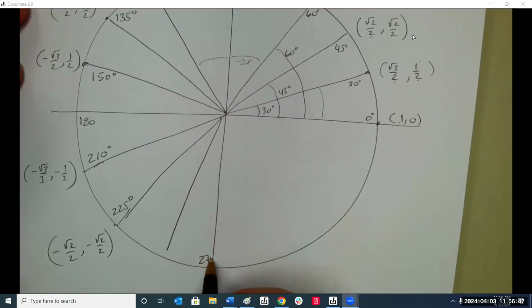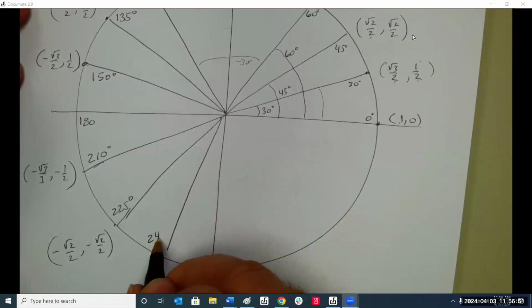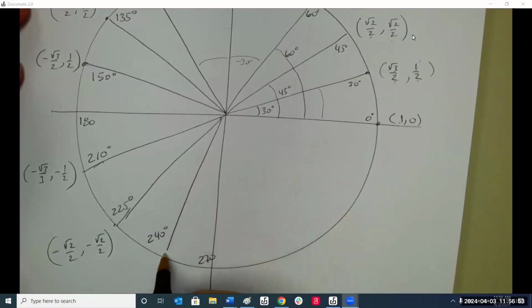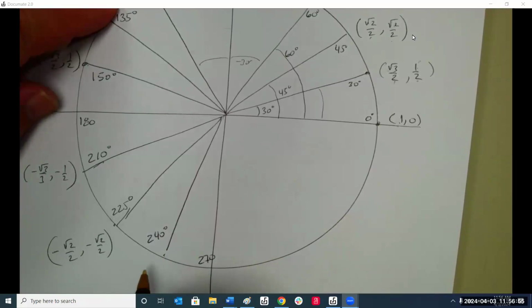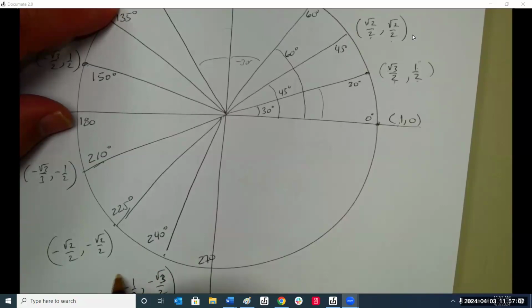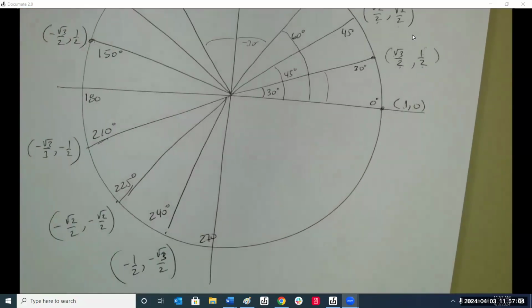And 270 minus 30 is 240. And that one's going to be, they're both negative again. See, the only thing it does is change the signs because of their locations.